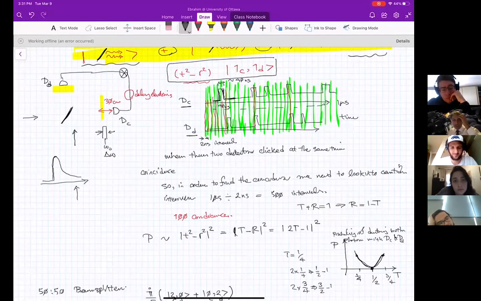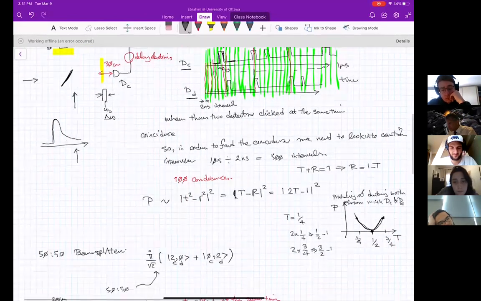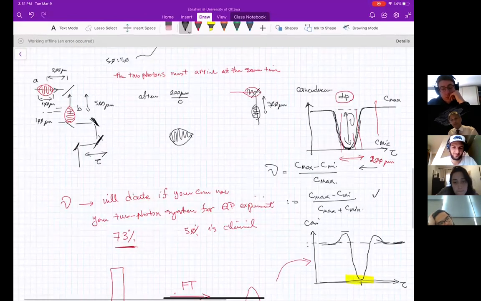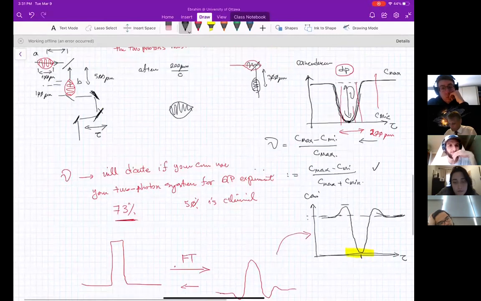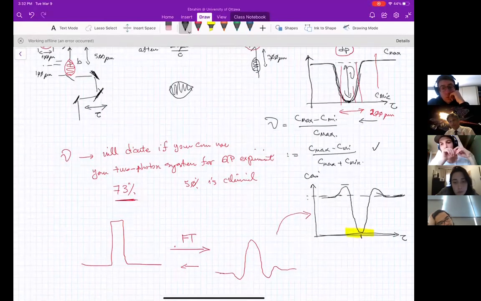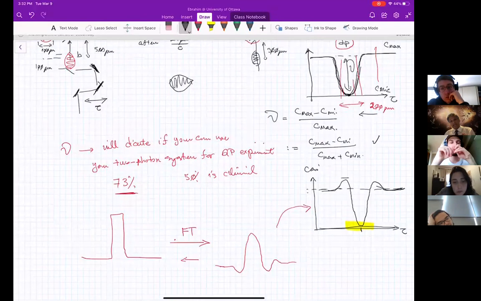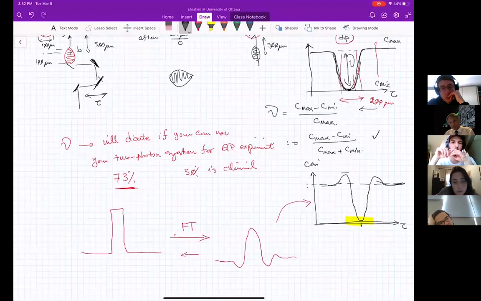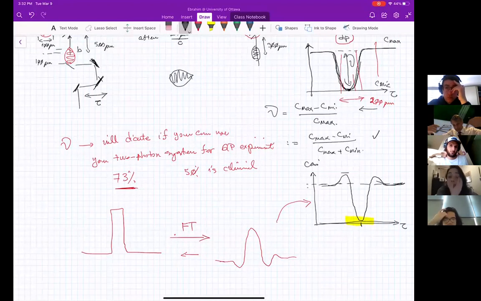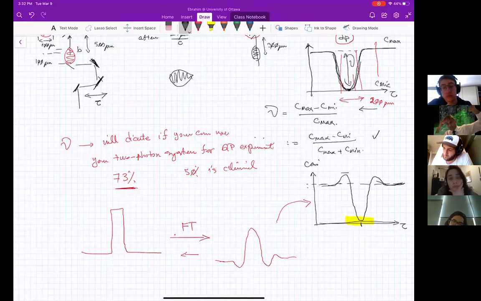In the papers, usually there is a bandpass filter at the front of the detectors, which is what they call post selection.